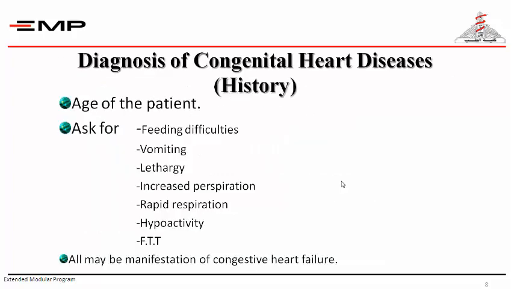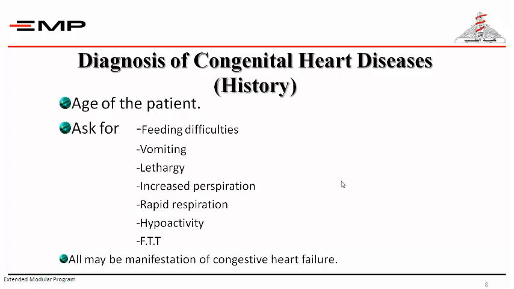So what to do in the history for the diagnosis of congenital heart disease? We need to know the age of the patient. As we said, when congenital heart disease presents in the first week of life, it's either a severe disease or can be a very risky disease, so we need to operate or intervene as early as possible.